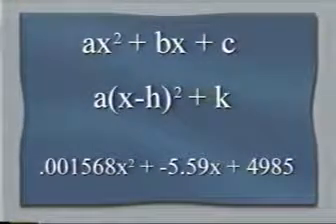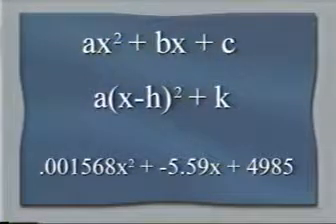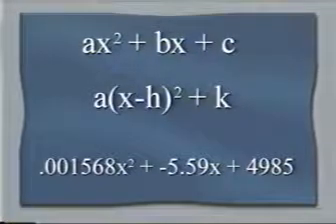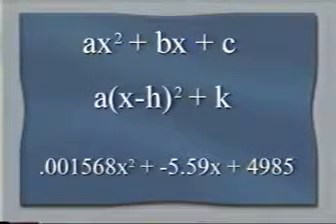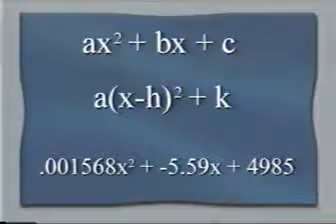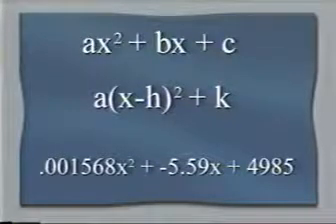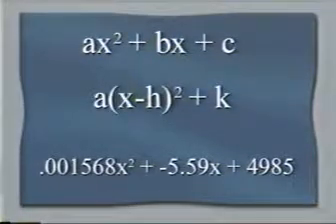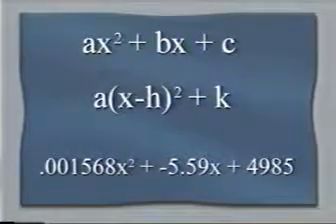The negative 5.59, etc., x is what's called the linear term. That's the bx. So that is approximately negative 5.6 if we were rounding off. And our c term, our y-intercept, is 4,985.054, etc.